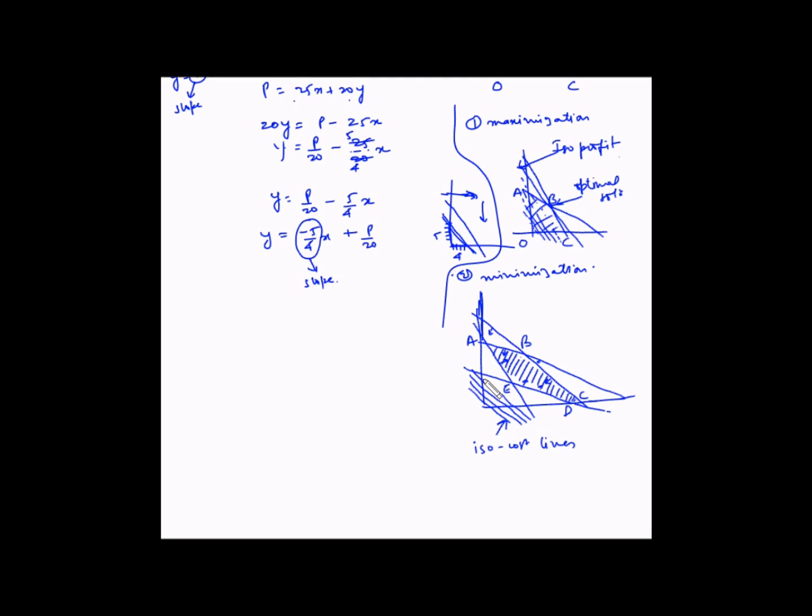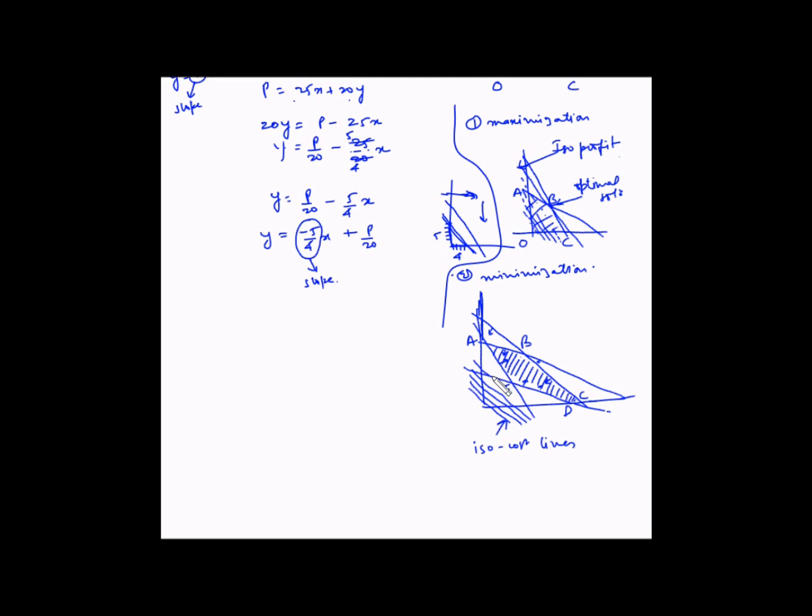So if you take any one of the lines, any point on this line would represent the same cost. Now since this is a minimization objective, the point which is nearest to the origin on the feasible solution region where the iso cost line touches will represent the optimal solution.